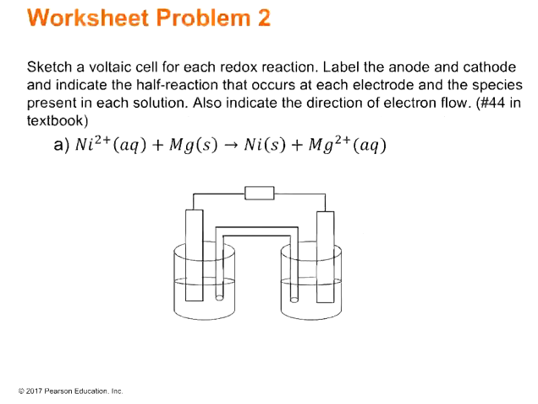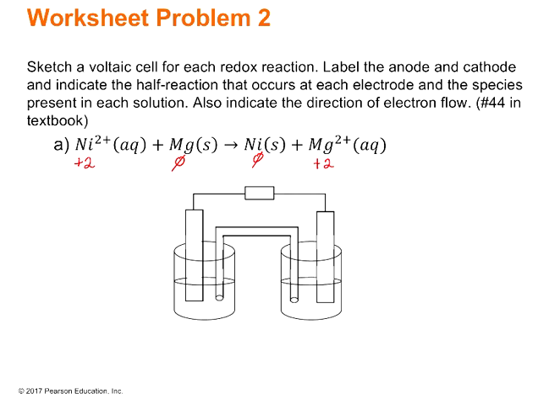Okay, so again, the first thing we always want to do is figure out what's being oxidized, what's being reduced. So let's assign some oxidation numbers. Nickel is an ion to start, so its oxidation number is the same as its charge. Magnesium is neutral. Nickel in the products is neutral, and then the magnesium ions in the products have a +2 oxidation number.